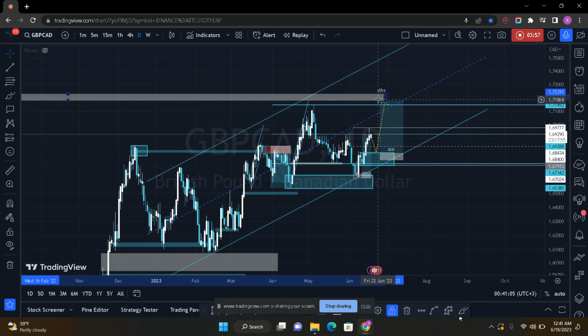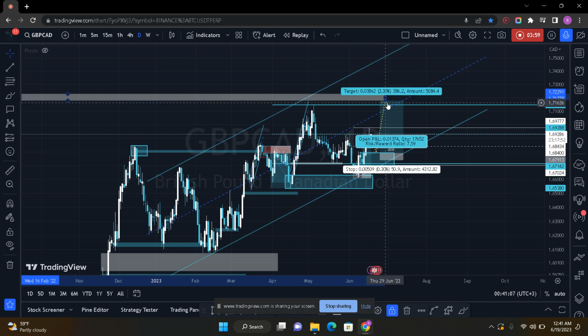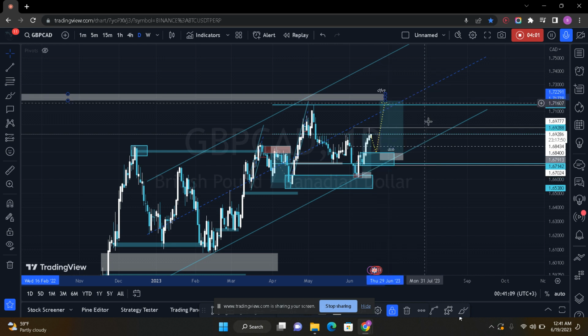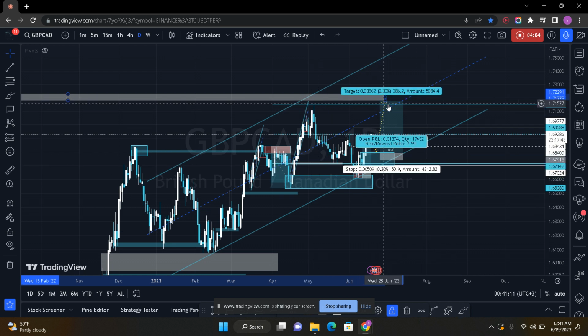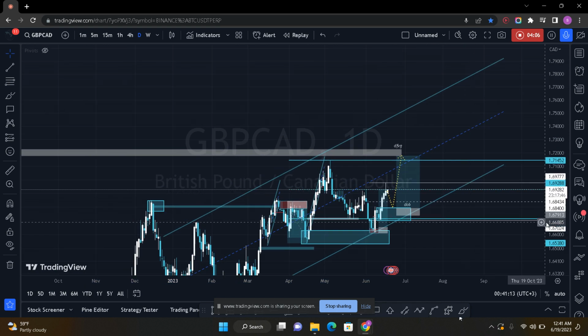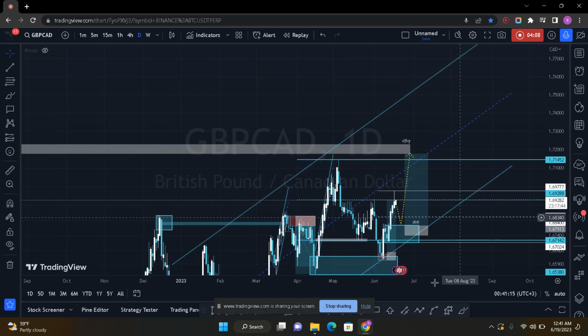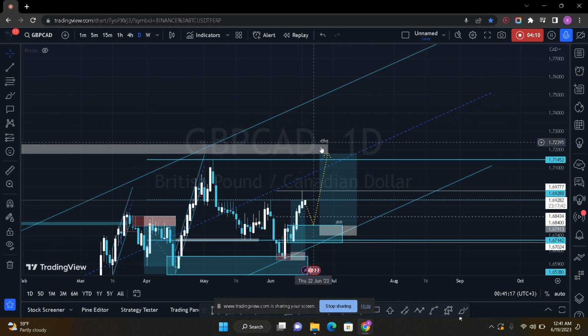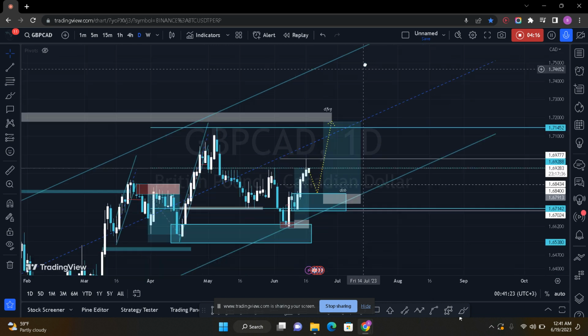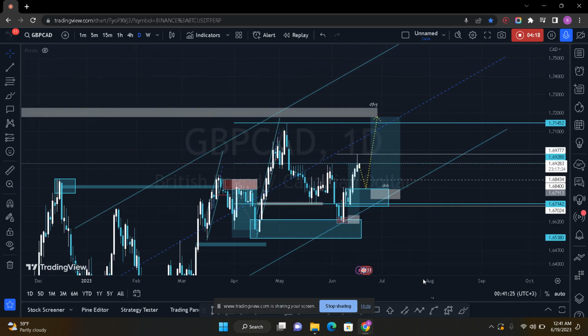If we have bearish price action right here, I close my trade and start looking for shorts that will break us out of this rising parallel channel. However, we might see a breakthrough of this zone and a continuation up to the extreme end of the channel. However, channels to me are just guidelines. The important zones are the horizontal levels for me.